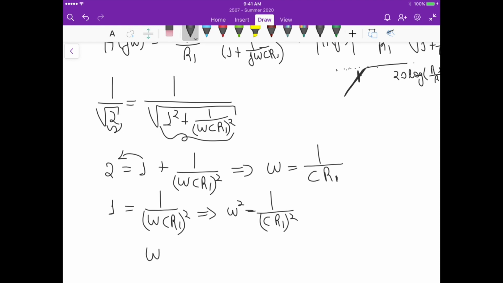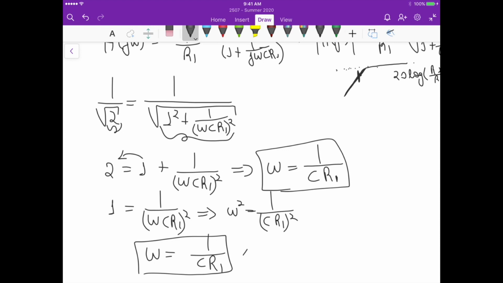If we take the square root of both sides, this is 1 over omega C R1, which is the equation that I derived here. Okay, so this is the equation for the 3 dB frequency, 1 over C R1. So this was part D of the fourth question.